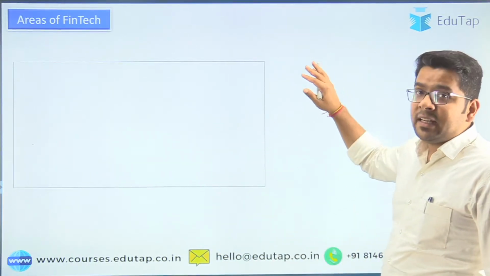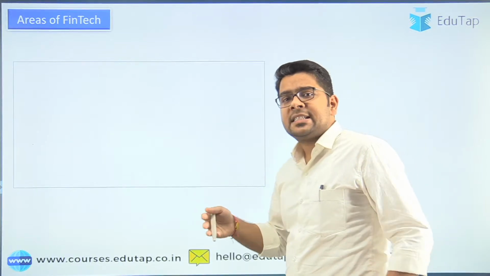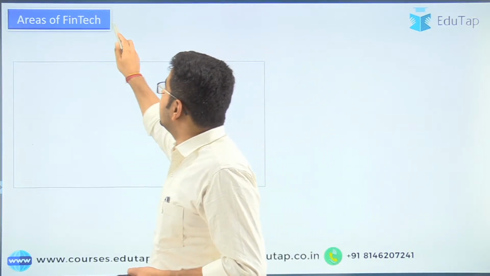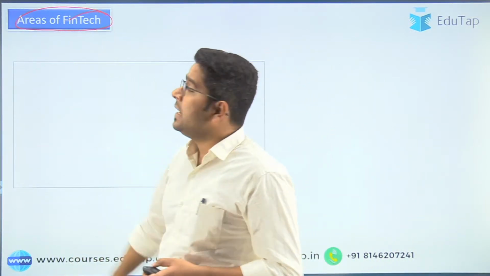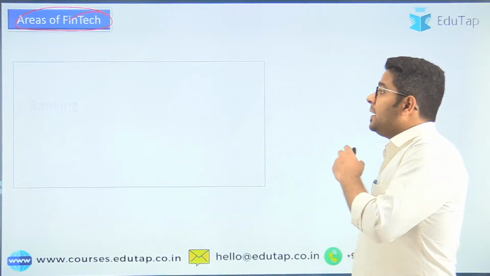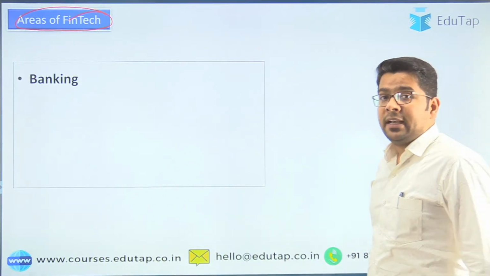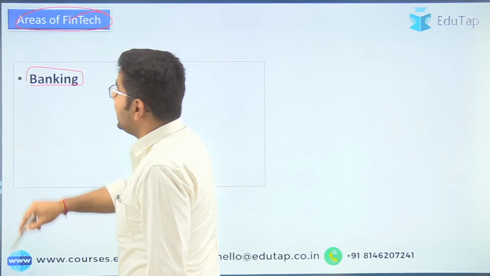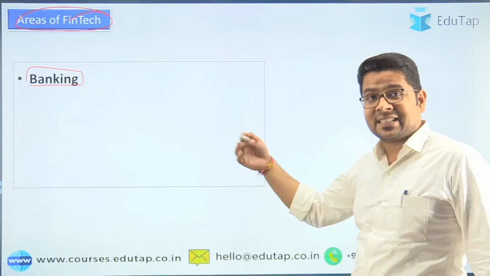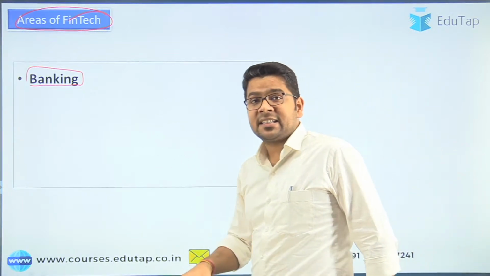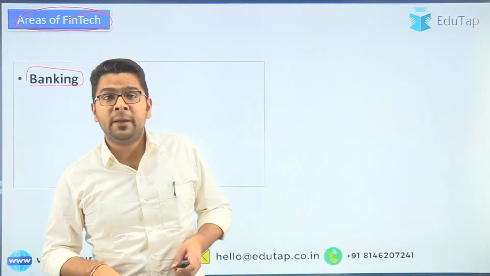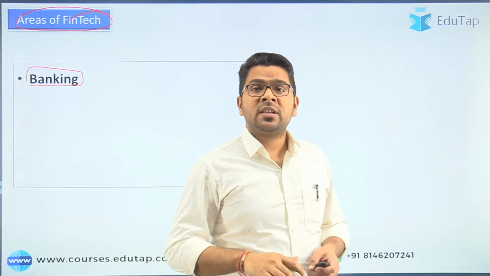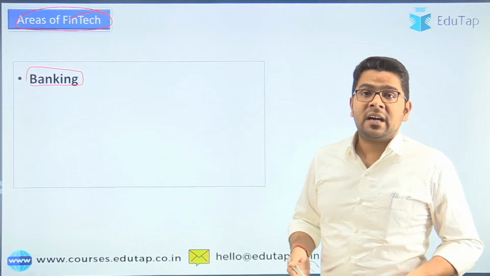So we have covered the definition part. Now we are moving to the second section, which is the areas where FinTech can be applied. The first area is banking. Can anyone give me a current example? Many of you are using credit cards for long, debit cards, internet banking.